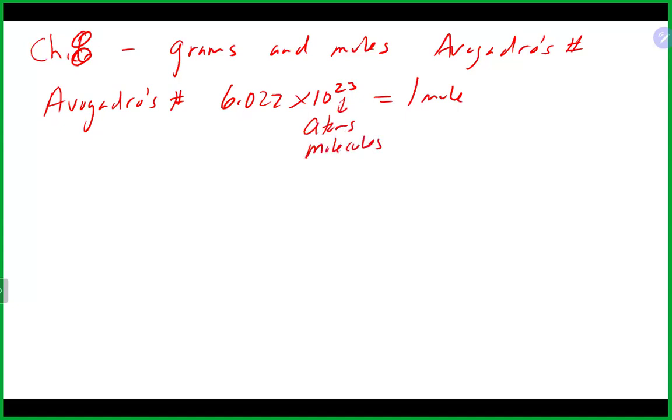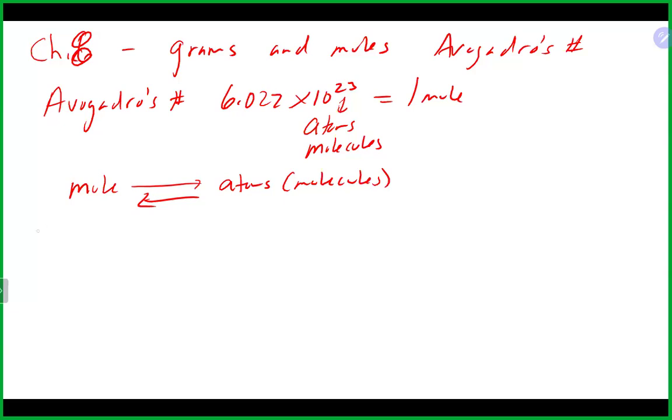We use Avogadro's number as a conversion factor to go from moles to atoms or molecules, or backwards. And remember that you don't want to use Avogadro's number unless the problem mentions atoms or molecules. If there's no mention of them, you should probably leave it aside.